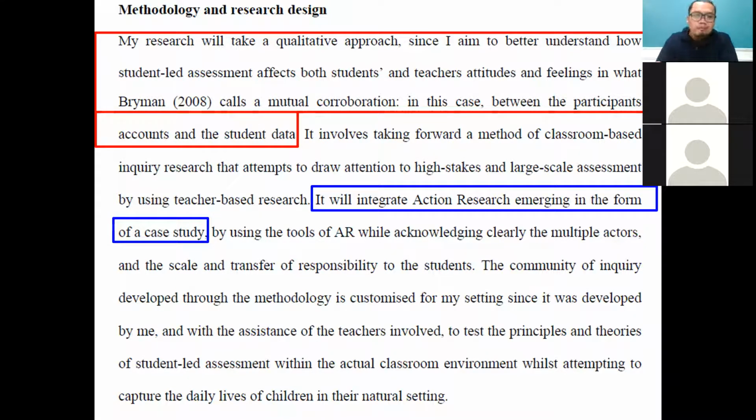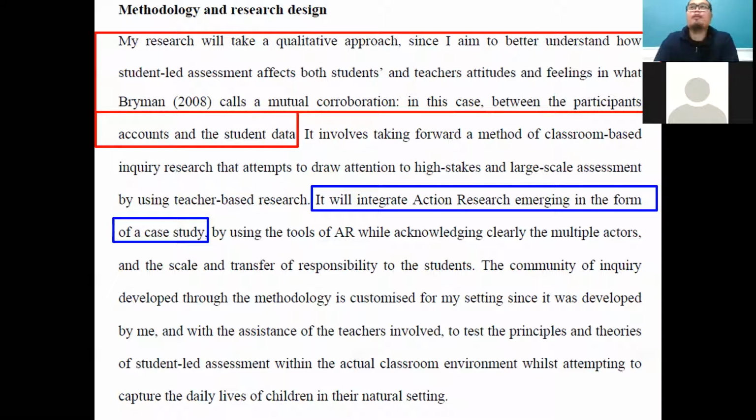Okay. Another point is what Brightman calls mutual corroboration, in this case between participant and content student. That is part of the keywords. A little bit of information: when we talk about the sampling for the unit of analysis, for qualitative you use participants, but for quantitative, for example a survey, we call them respondents.